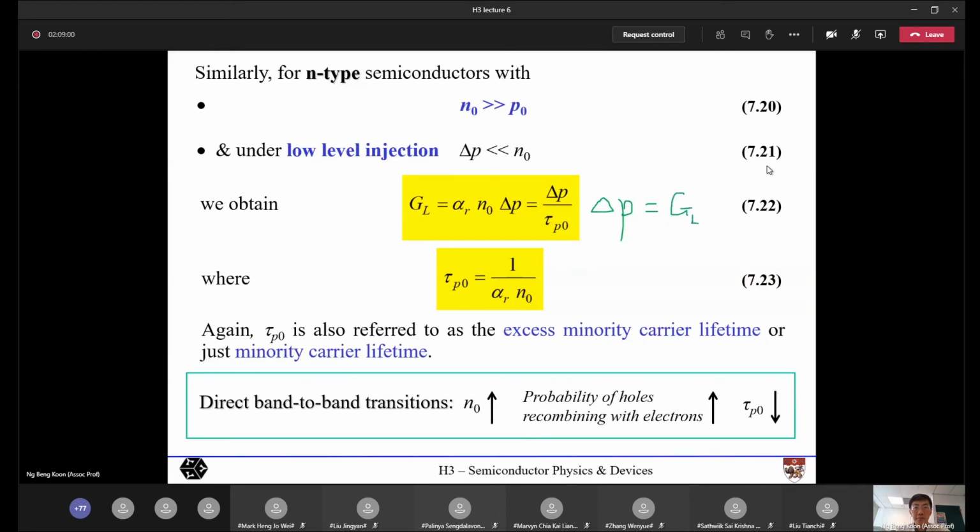It is given by the product of the optical generation rate and the excess minority carrier lifetime, tau P naught in this case. So you can similarly calculate the delta P using this expression if these two conditions are valid. The important thing is that these two assumptions must be valid. Then you can make use of these expressions to work out the excess carrier concentrations.